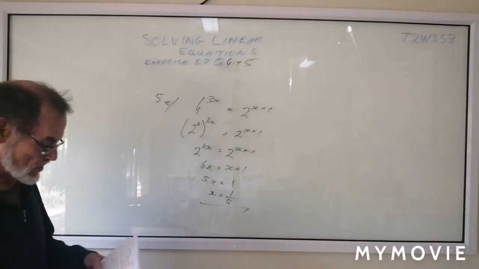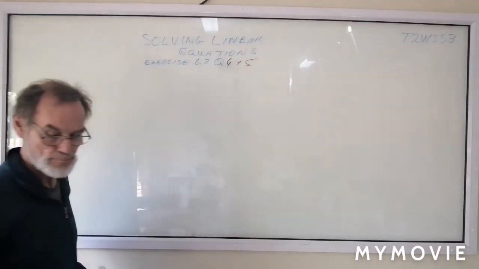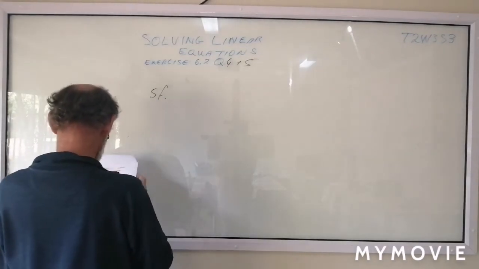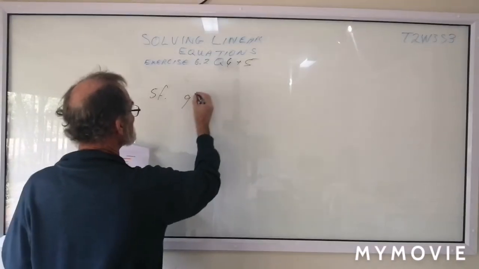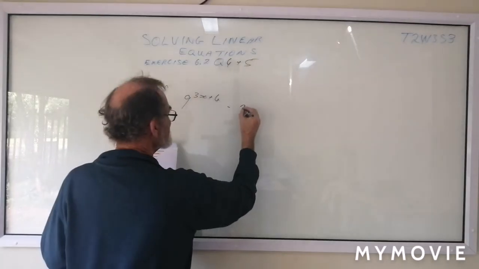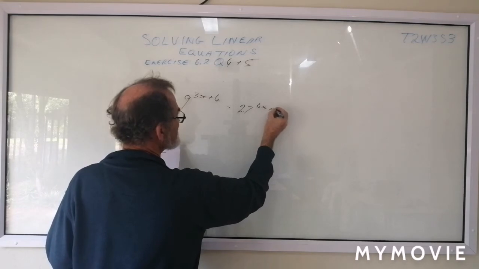Right, last one now, which is 5f. We have 9 to the power of 3x plus 4 equal to 27 to the power of 4x plus 3.